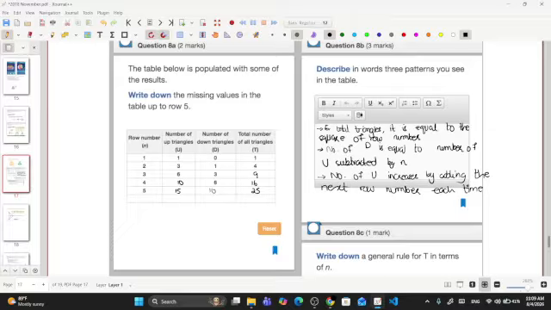Alright, these are going to be three efficient ways, a simple way to describe these three patterns, and that's going to give you the mark.